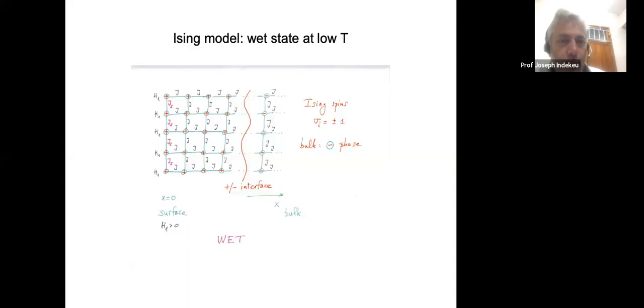Then, if the surface layer has decided to stay up because there's a rather strong surface field there, the neighbors will also follow. The surface spins are so determined to stay up because the surface field is sufficiently high, and then the neighbors follow, and this has a cascade effect, you see.